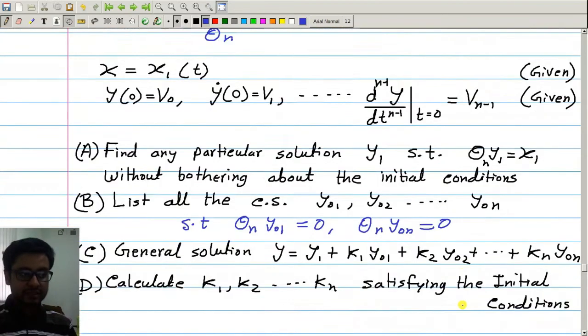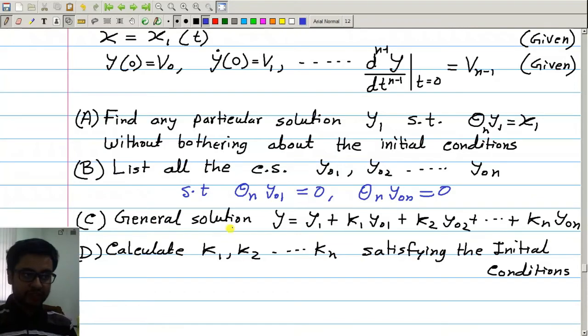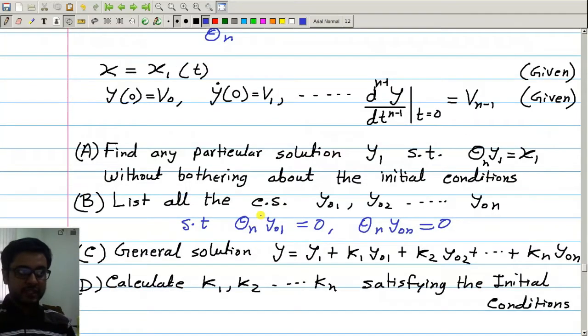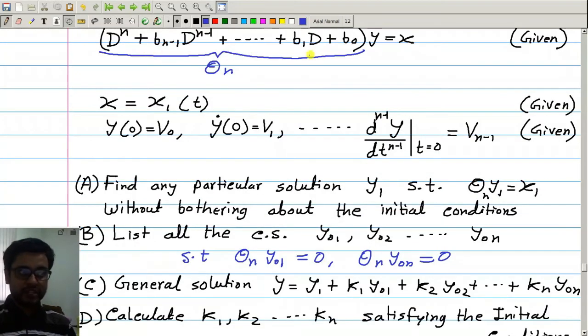And then a general solution of this differential equation can be written as a sum of this y1 plus k1 y01, k2 y02, kn y0n. So these are the complementary solutions plus this one particular solution which satisfies the equation for y1 with input x.